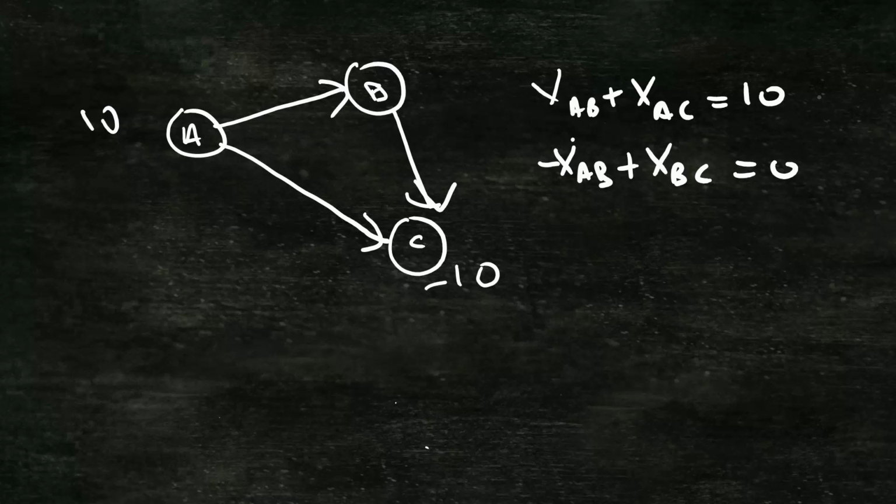This is for node A, this is at B, and at C we would have, incoming now, minus x AC minus x BC is equal to minus 10.